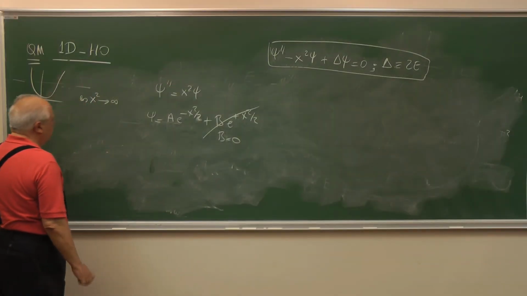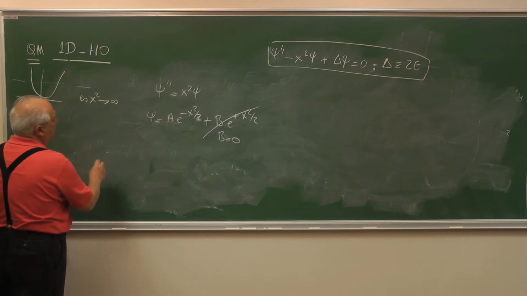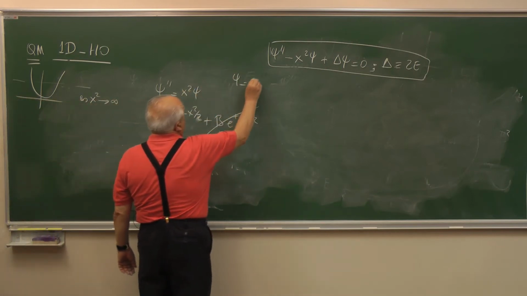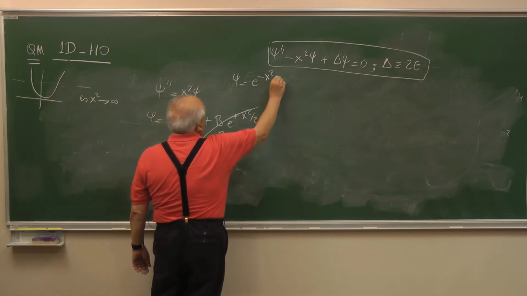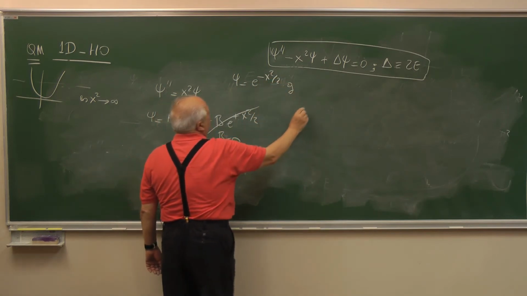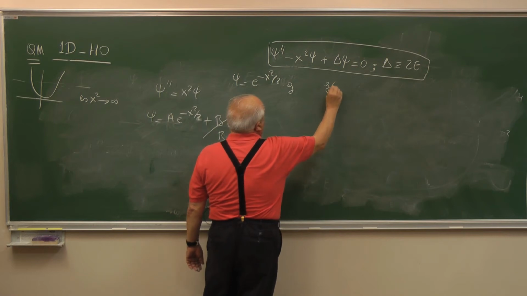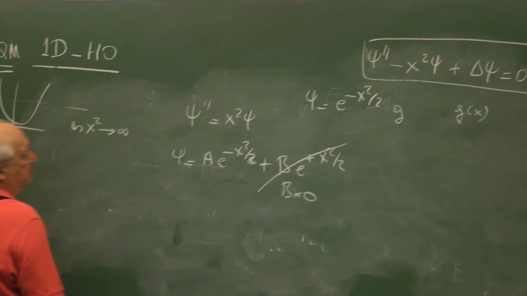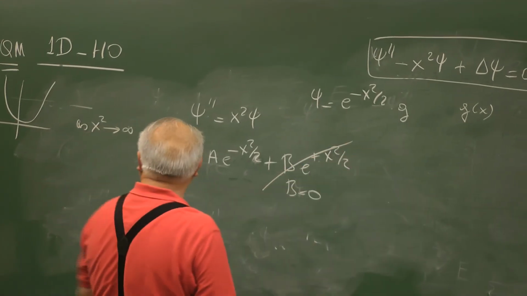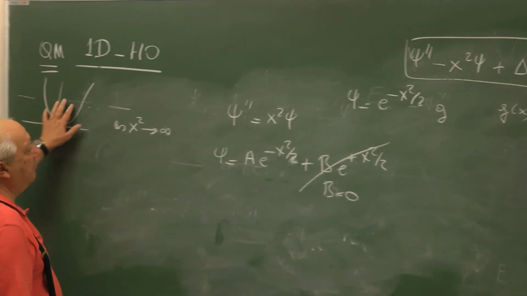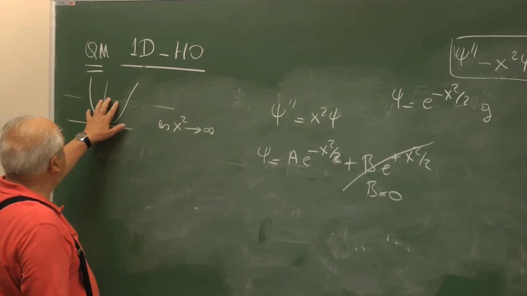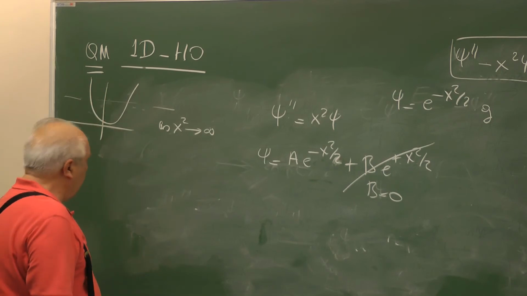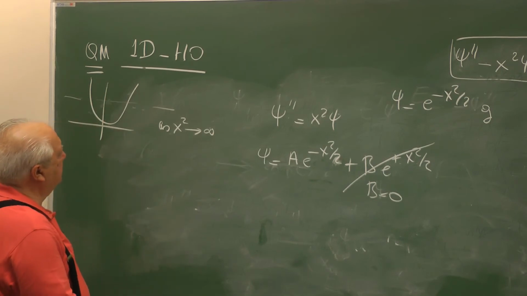So we better write now psi as e to the minus x squared over 2 times g, where g is a function of x, g of x. So g will be the interesting function that will determine the behavior of the wave function in the potential region.